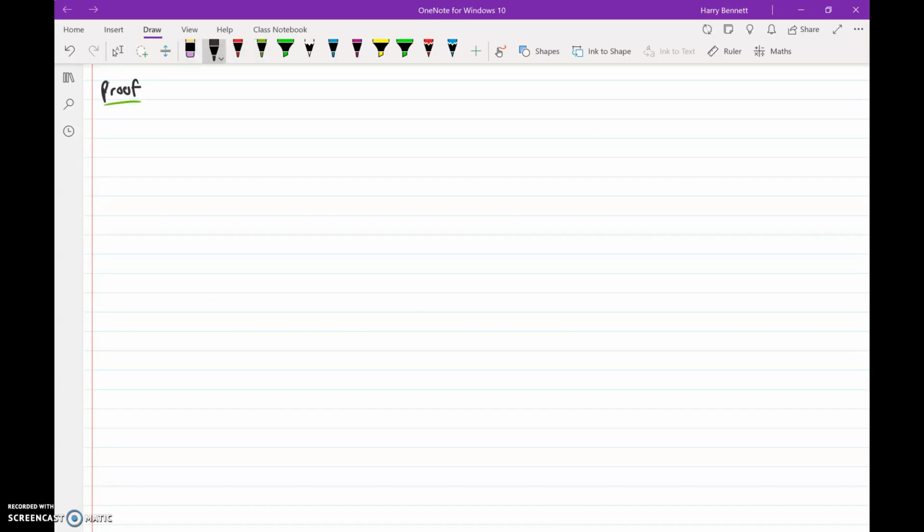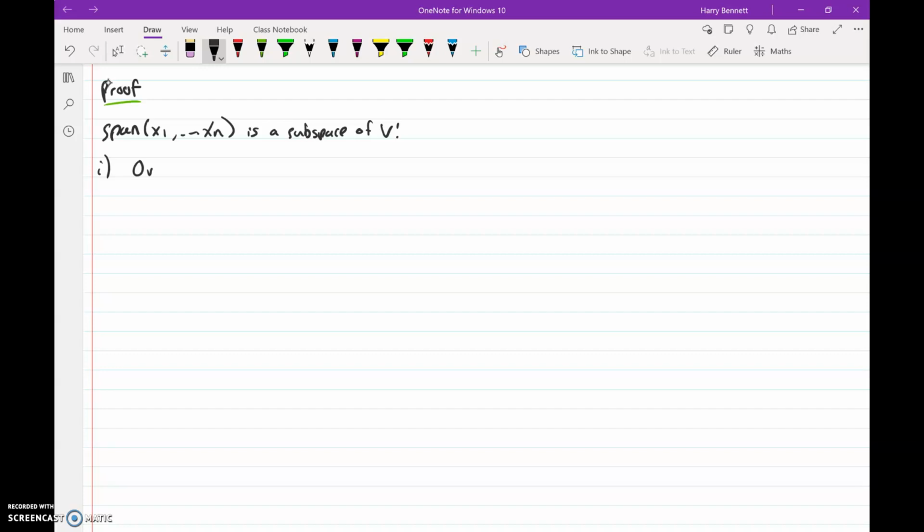So firstly, we need to show that the span of x1 up to xn is a subspace of V. And how do we show this? Well, we go through our axioms. So the first axiom: is the zero vector contained in this?